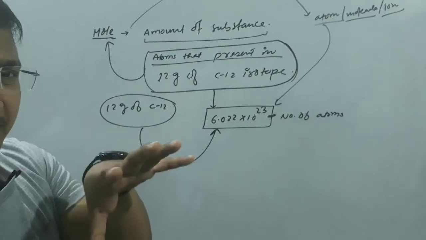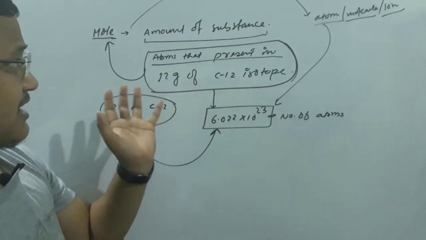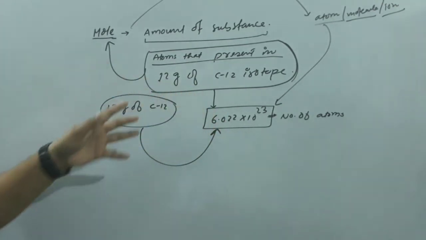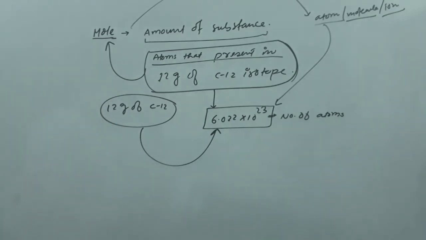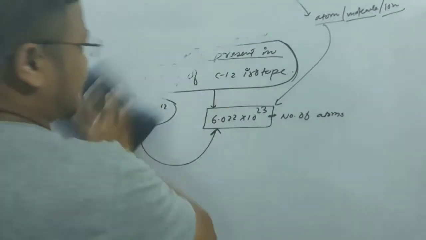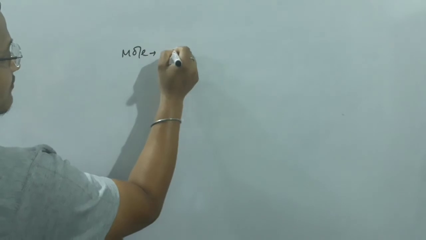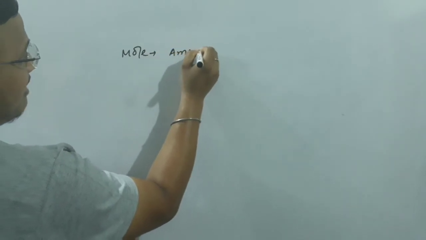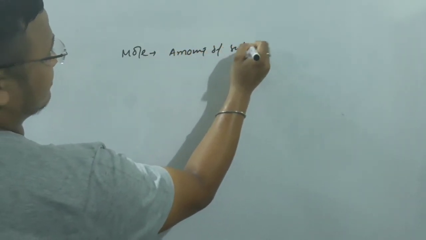I hope you guys have understood what exactly I am trying to say. It's a very simple thing, guys. Let me revise the same thing again. When we are talking about mole, we are saying it means amount of substance.